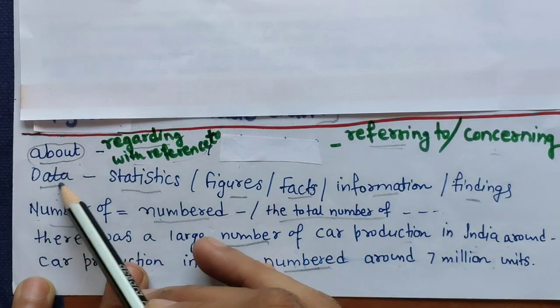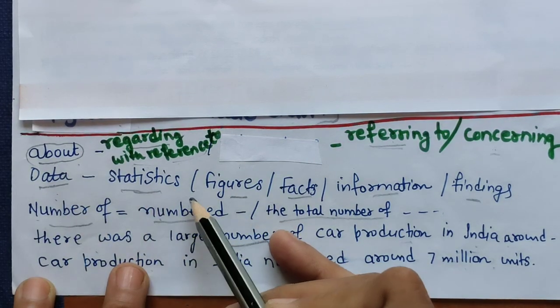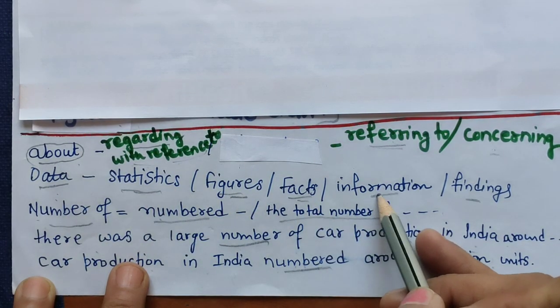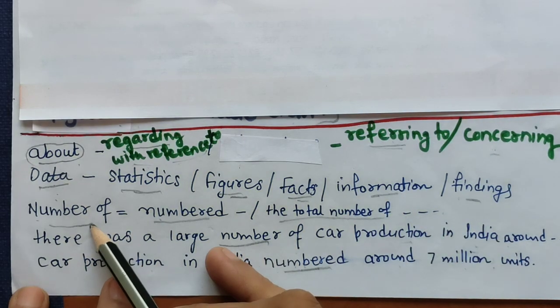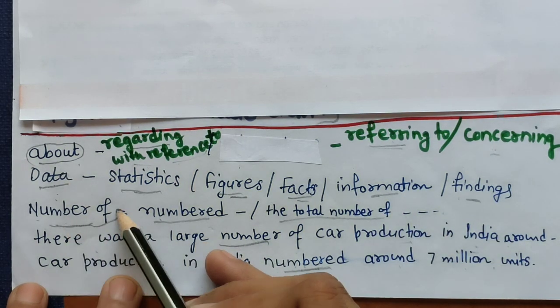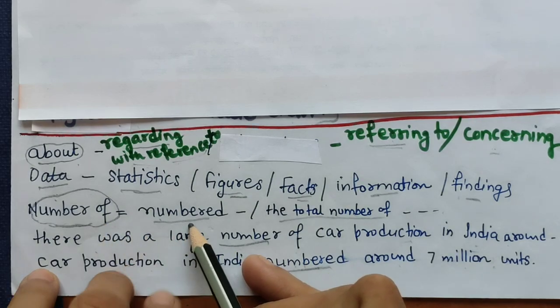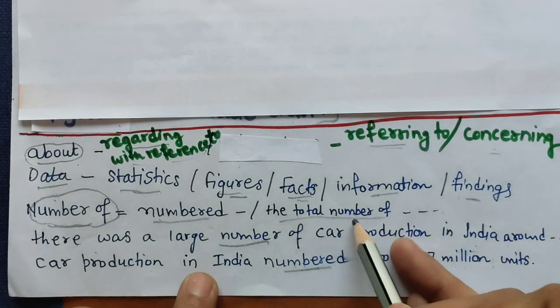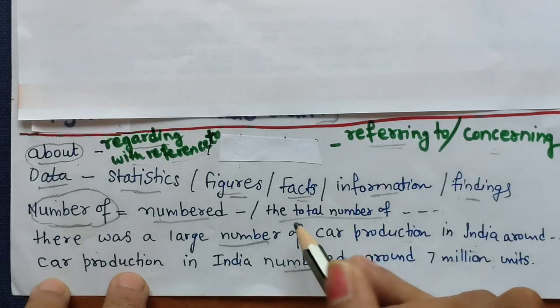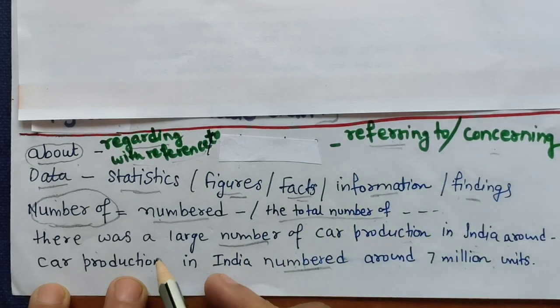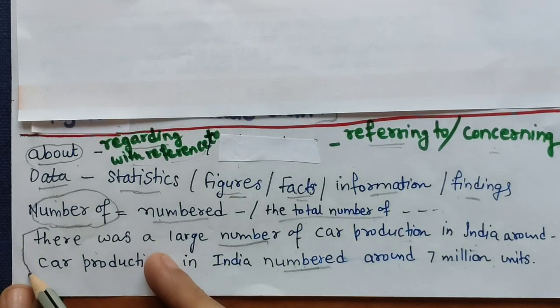So instead of data we can use statistics, figures, facts, information and findings. Number of, yes, this word we are writing in task 1 so many times. So we can use instead numbered, the total number of, the largest number of, the highest number of, you can write it. There are two sentences, you can note it.